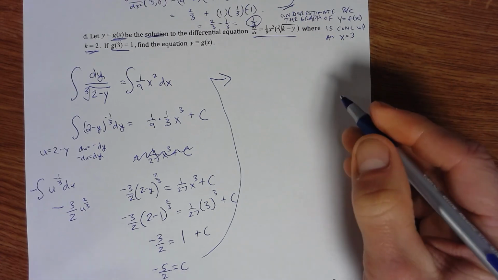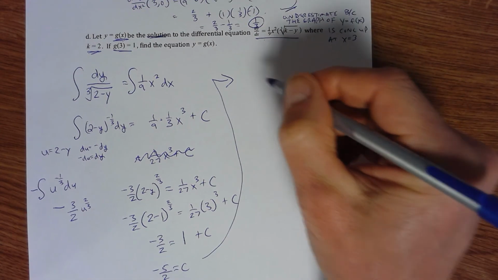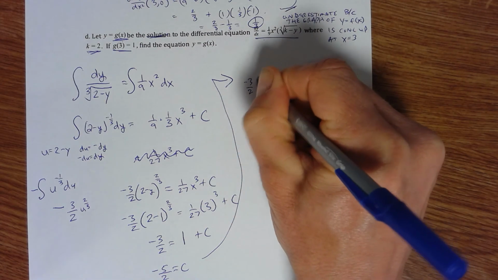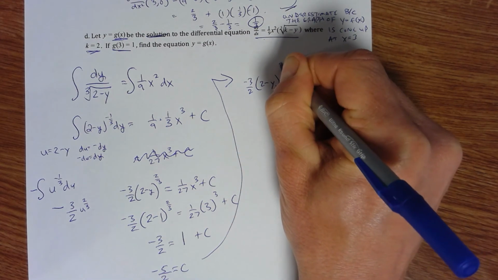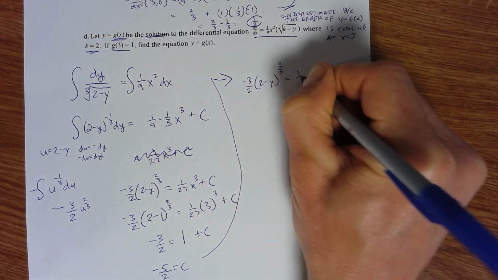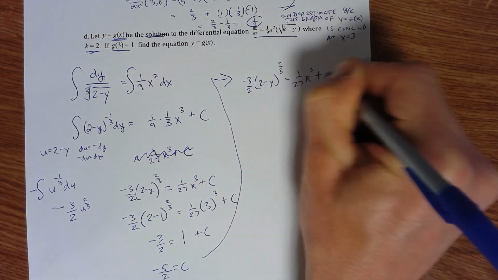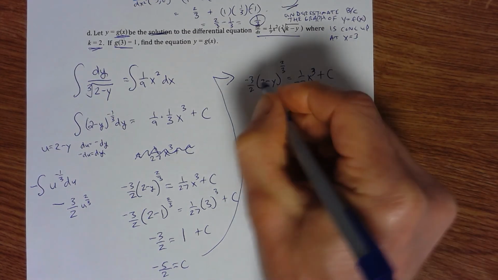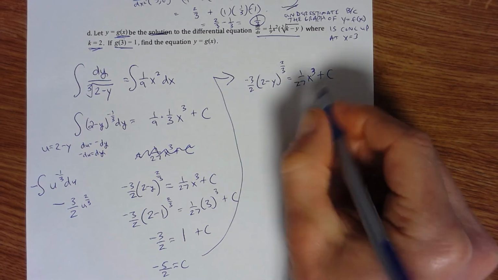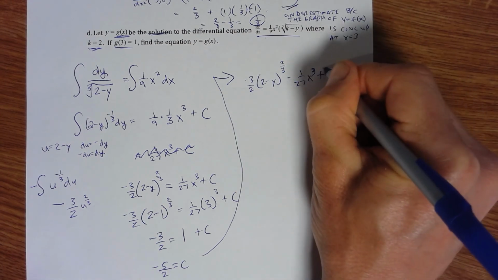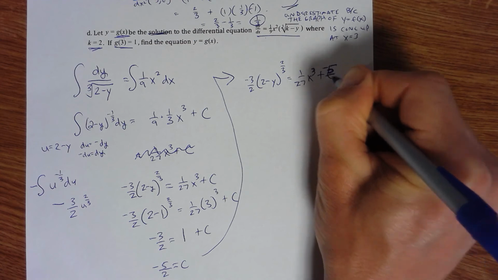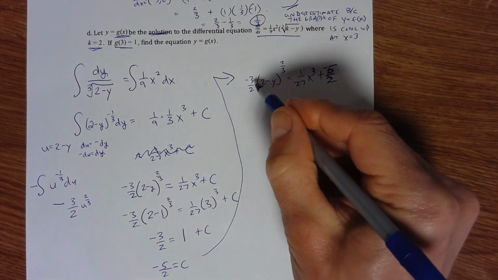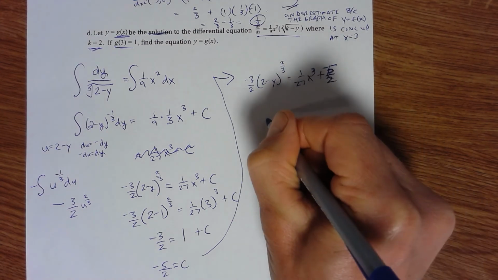Okay, last couple parts of the question here. I'm going to plug c back into my general solution from this step: -3/2 times (2 minus y) to the 2/3 equals 1/27 x to the third plus c. Now for the sake of time, I'm just going to divide both sides by the -3/2, and my c is -5/2. Let me put that in. My fault, that was the whole point of the last step. So c is -5/2. So I'm going to divide both sides by -3/2 and then raise both sides to the 3/2.